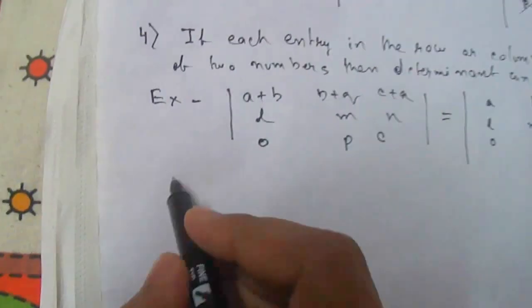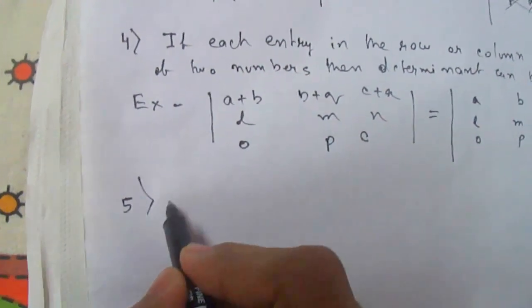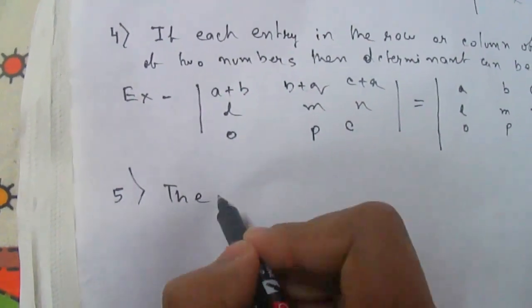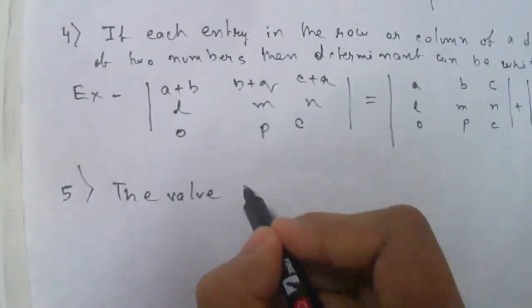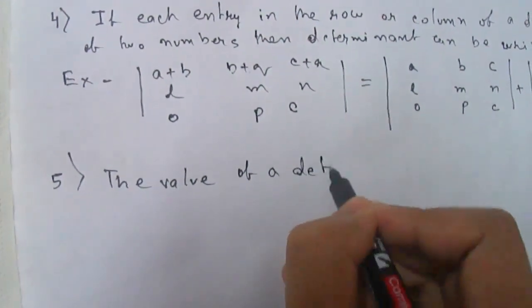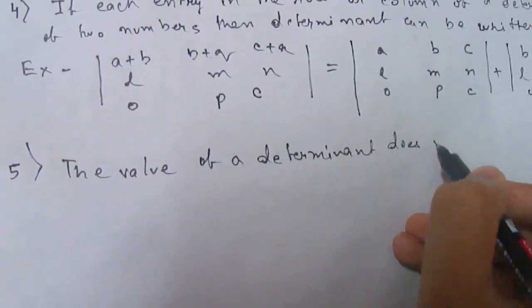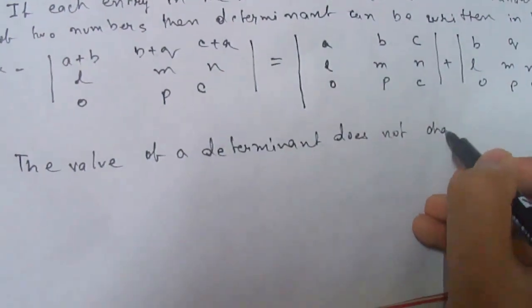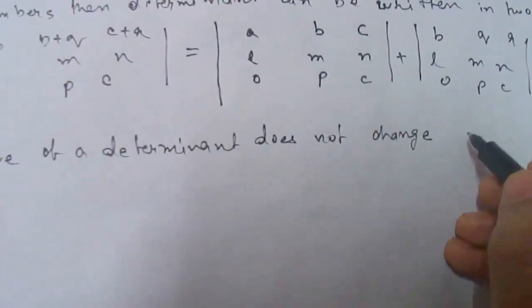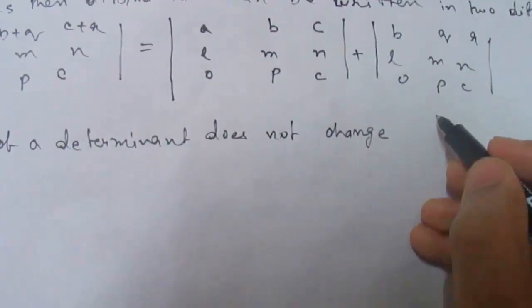So let us move to our fifth property, which is: the value of a determinant does not change if we multiply any row or column by a constant.